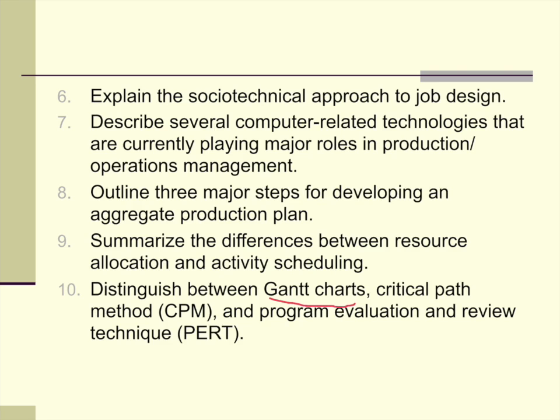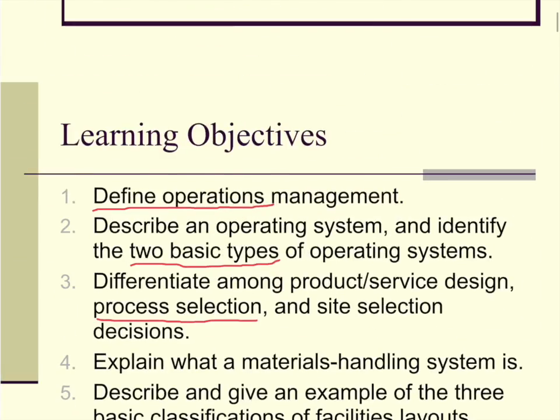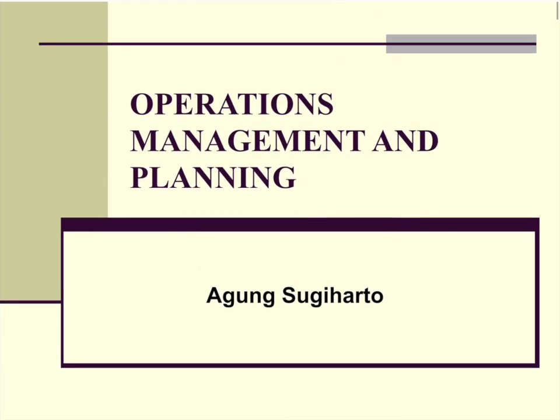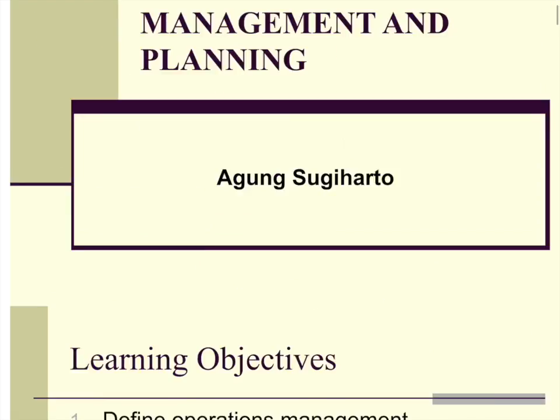We meet again with the Gantt chart, critical path method or CPM, and then program evaluation and review technique, PERT. Okay, that is the point of our subject today about operating management and planning.